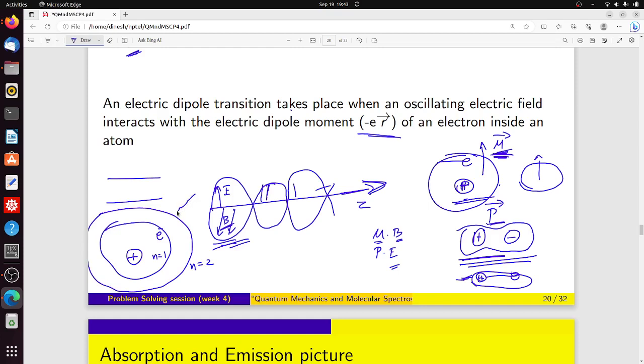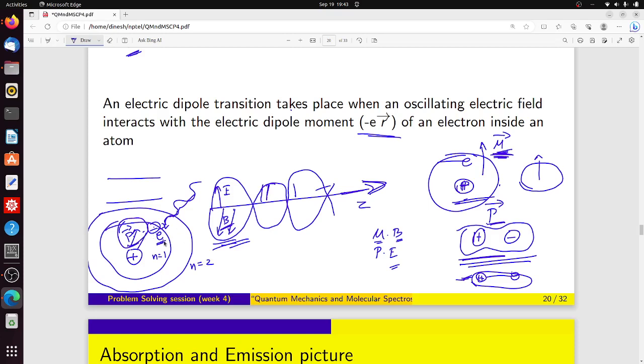This radiation, this photon, will interact with this system. Let's say this is plus and this is minus. So effectively there is a dipole moment, right? This oscillating electric field or this radiation will interact with this dipole moment, and it will change its state.